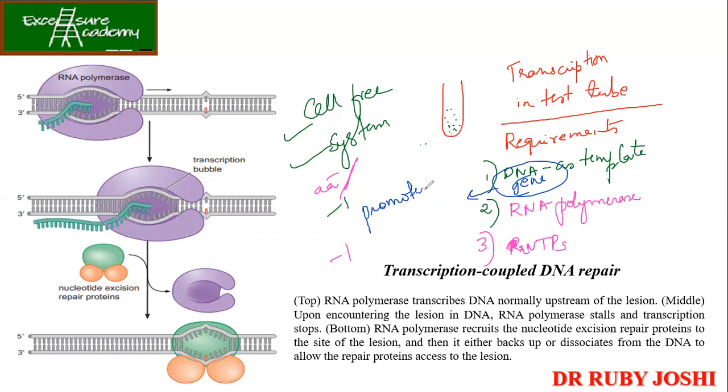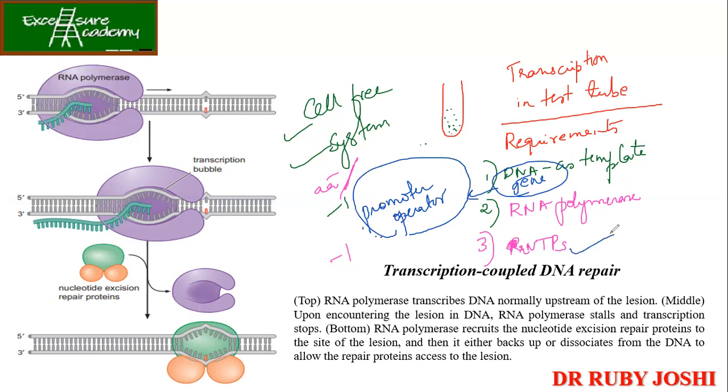So a promoter will be needed, and in some cases an operator will be there. All those protein requirements which will bind to the promoter and operator region, so that the RNA polymerase or the transcription initiation complex can form, all those requirements you guys have to tell. Okay?